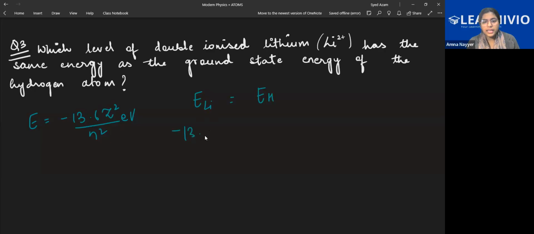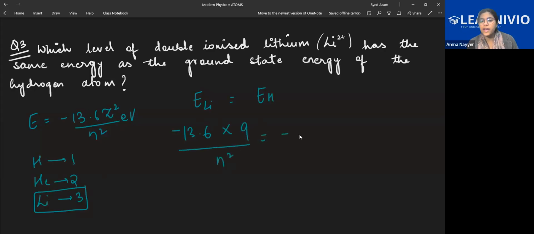So minus 13.6 into Z for lithium. See, hydrogen is 1, helium is 2, lithium is 3. So just refer to the periodic table for your atoms and nuclei. So this is 9, right? Z square by N square is equal to, for hydrogen, minus 13.6 into Z is 1 by N is ground state.